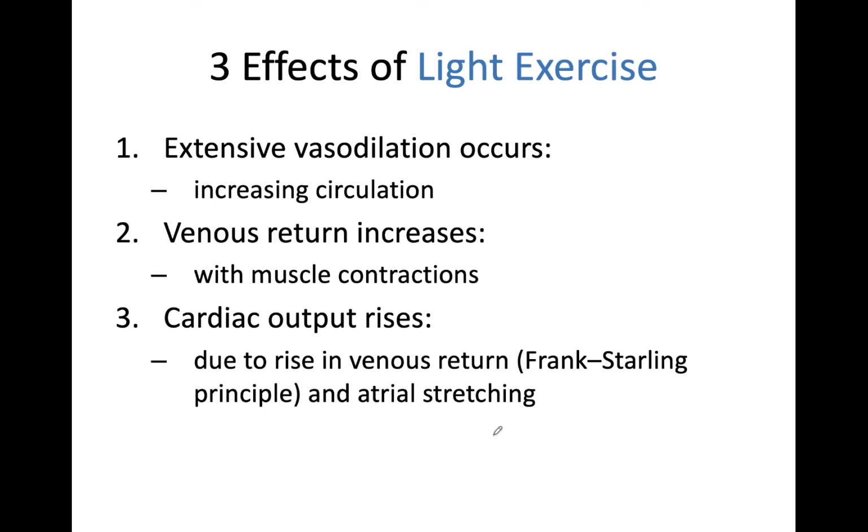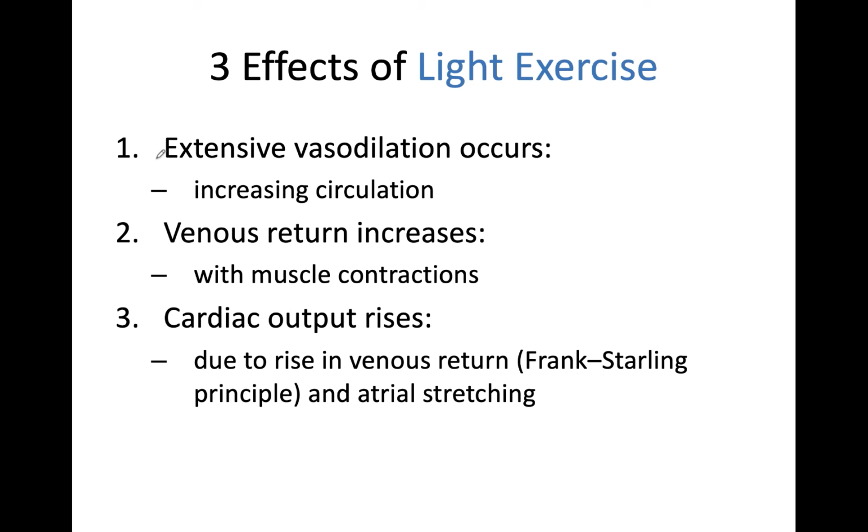Now, kind of shifting along to talking about exercise. And really, I'm talking about exercise to talk about the availability of oxygen. During light exercise, you have pretty good oxygen flow in your body. During very heavy exercise, that oxygen content kind of goes down. So with that in mind, let's cover 3 effects of light exercise. So you're exercising, the muscles are contracting, you do have a good amount of oxygen present.